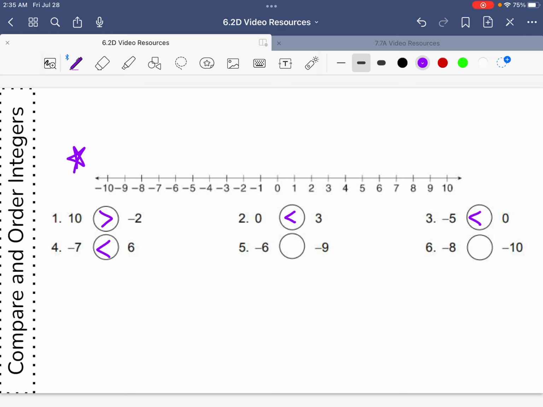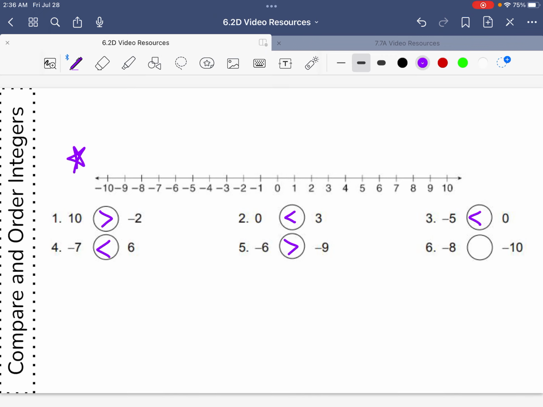So I'm going to find negative 6 and negative 9 on my number line and plot their points. Now that I have the visual in front of me, I see that negative 6 is actually greater than negative 9. So that inequality symbol would open up towards the negative 6.